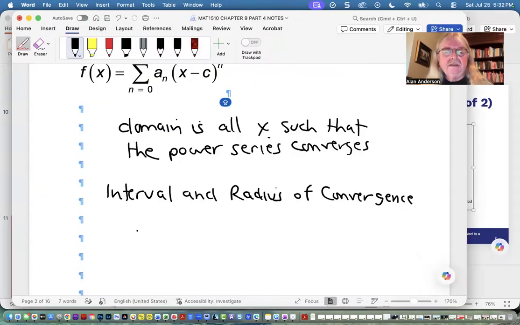C is the center. So in other words, if they only converge at one point, it's going to be the center.